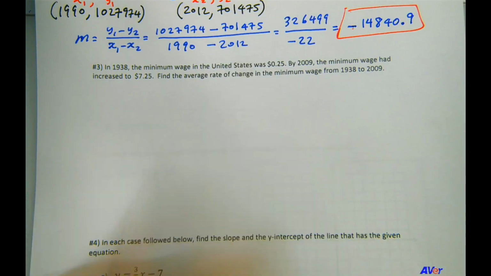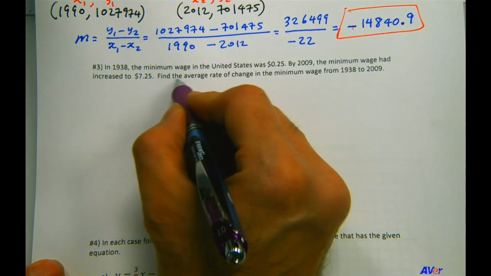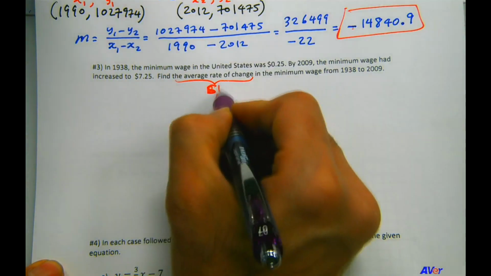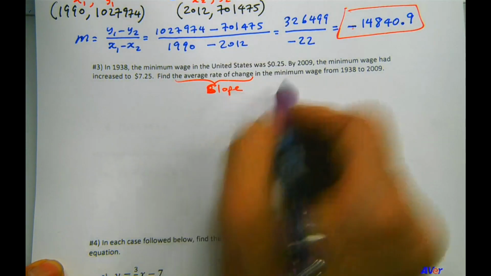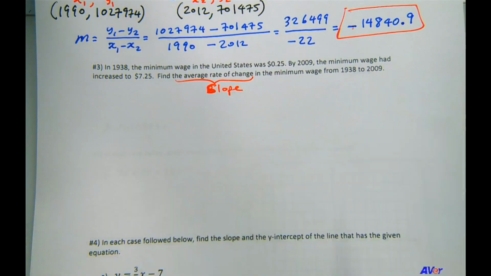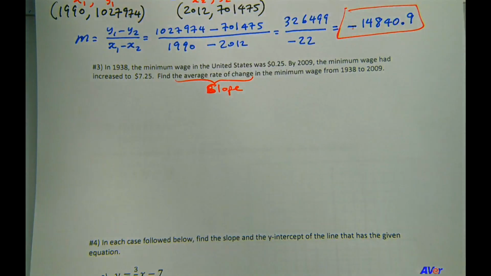Find the average rate of change. Again, that phrase, average rate of change, means slope, in the minimum wage from 1938 to 2009. So before even calculating this slope, we know it has to be a positive slope, because the minimum wage went up over this period.